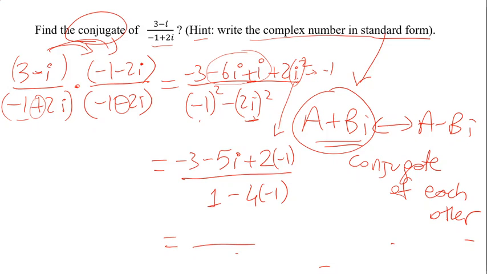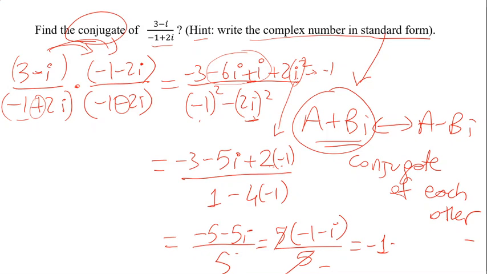Now it will be 5 here, and this part will be negative 2, negative 3, it's negative 5. So we end up with 5 as a common factor, and then minus 1 minus I. So this is the standard form of it.